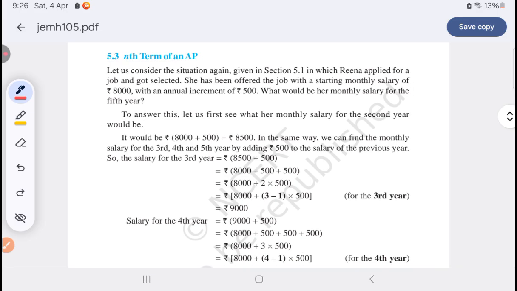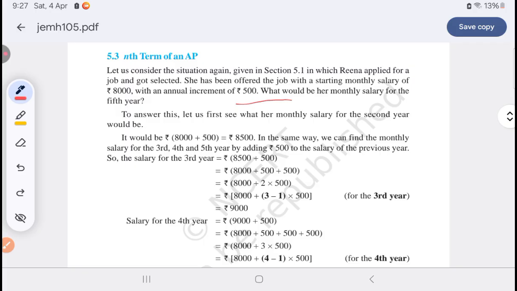Let us consider this: Reena applied for a job and got selected. She has been offered a job with a starting monthly salary of 8,000 and an increment of 500. So you can note down the first salary, 8,000. Then the second salary is increasing by 500.